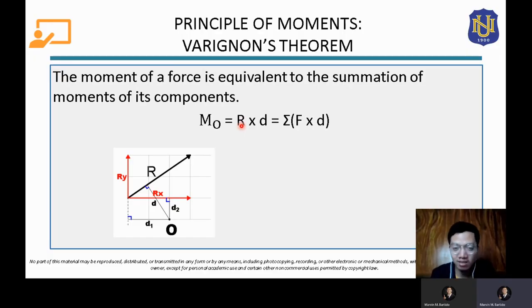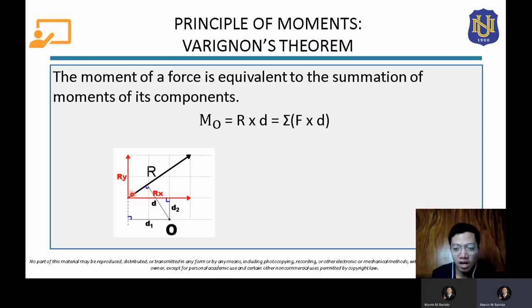And that moment is also equivalent to the summation of the moments of the components of force R. Since this is force R, its components will be the vertical component and this horizontal component.